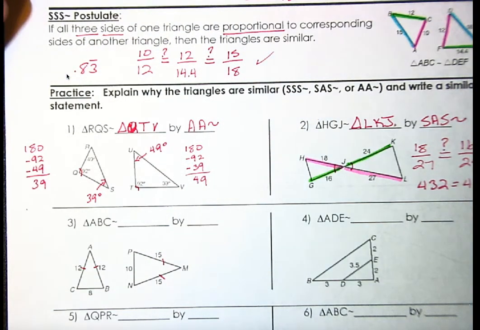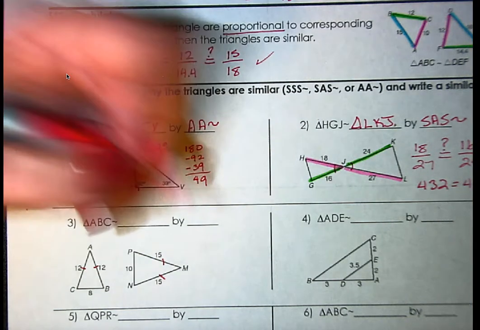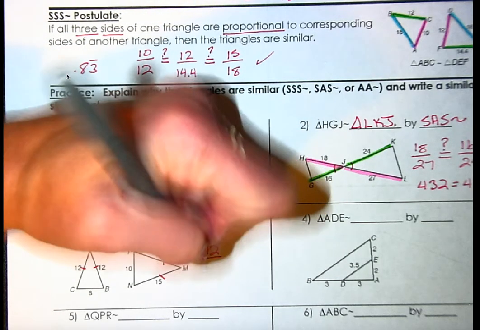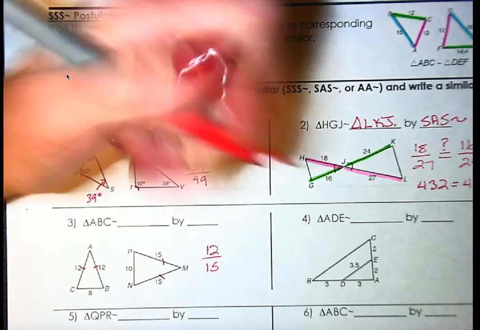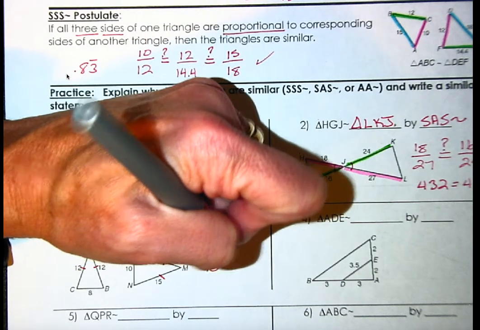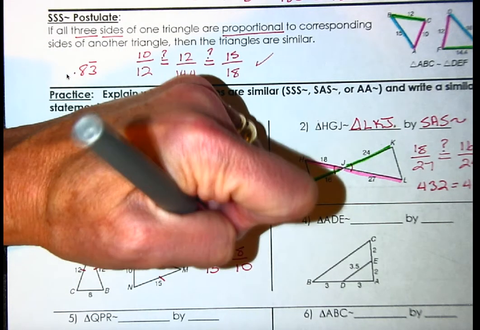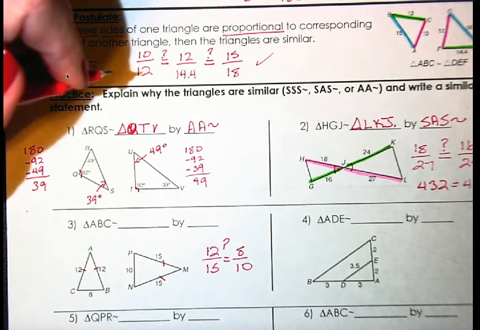So I really only have to do two because two of them will be the same. So 12 has to go to 15, and 8 has to go to 10. And I want to know, do those equal each other?